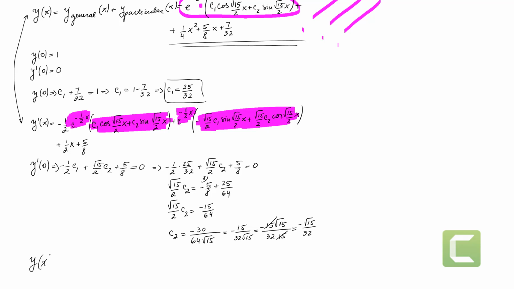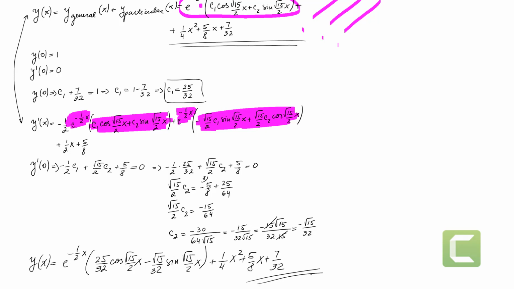So y of x equals e to the negative a half x times 25 over 32 cosine of square root of 15 over 2 x, plus c2, so minus 15 over 32 square root of 15 sine of square root of 15 over 2 x, plus 1 over 4 x squared plus 5 over 8 x plus 7 over 32.